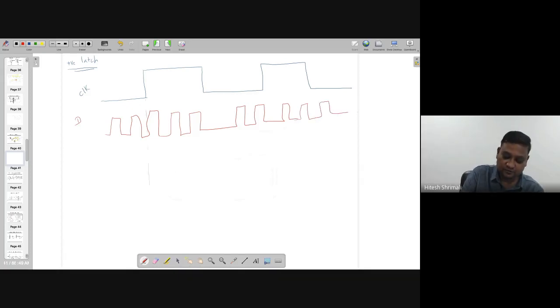So during this clock, if I'm drawing the Q, what is going to happen over here?